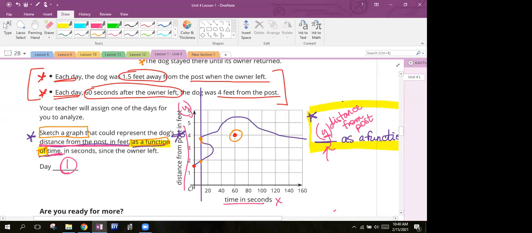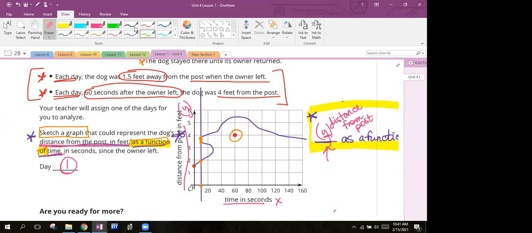So that cannot be a function because for that one input, it's saying that at 10 seconds, the dog was 2 feet, 3.5, and almost 4 feet from the post. Can the dog be at multiple spots at the exact same time? No. So that's why we have to make it a function, because the dog can't be at multiple places at the same time.